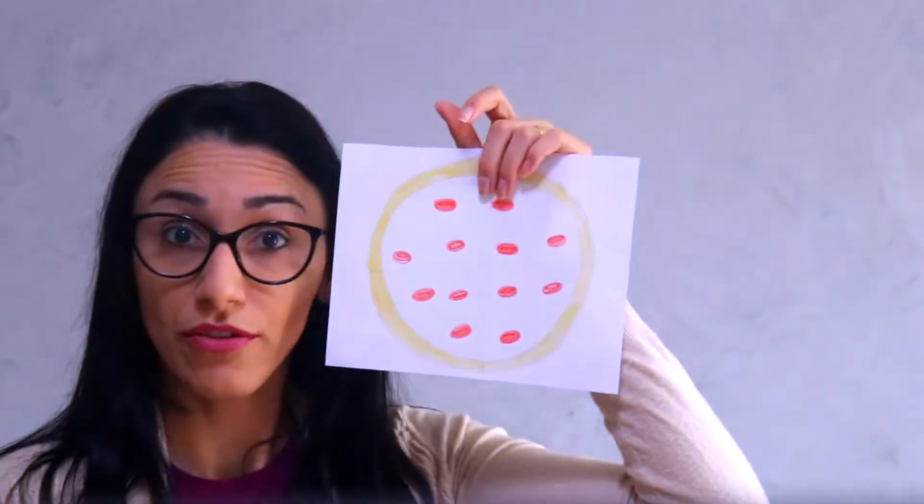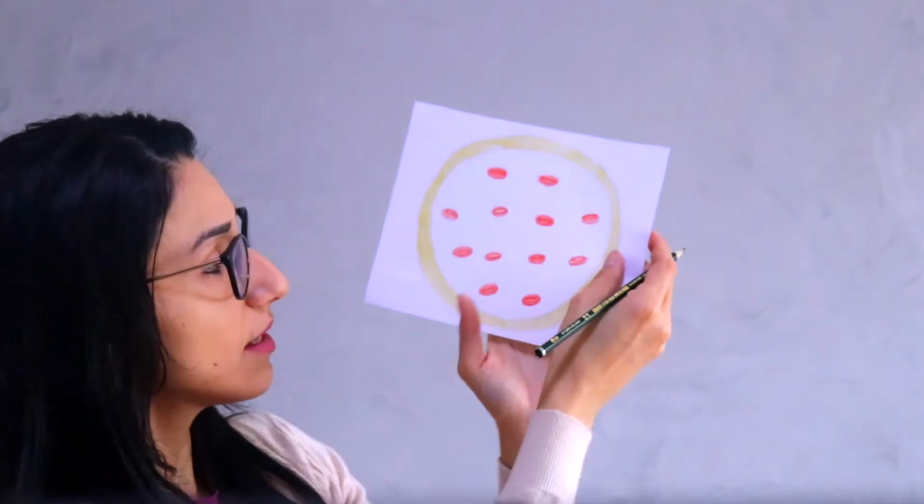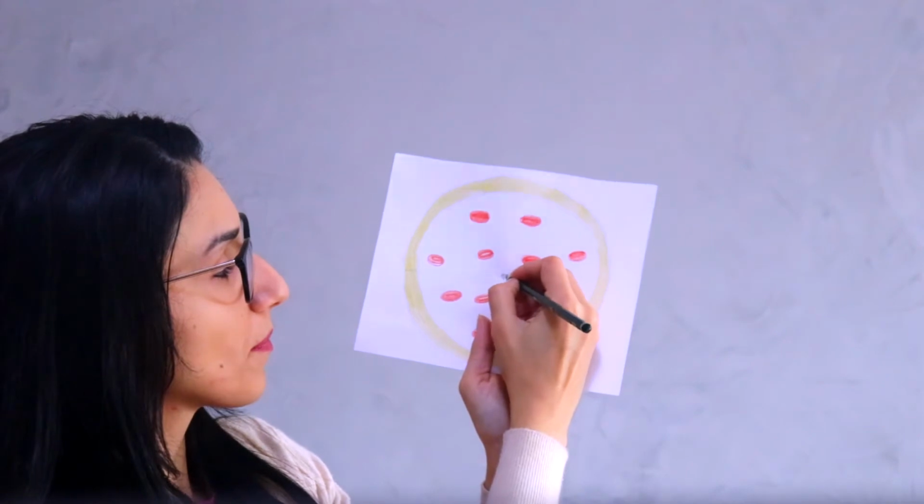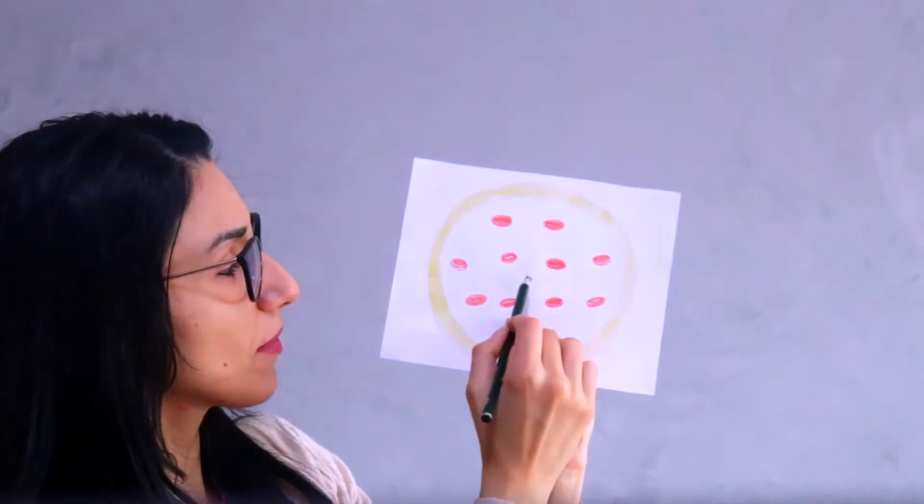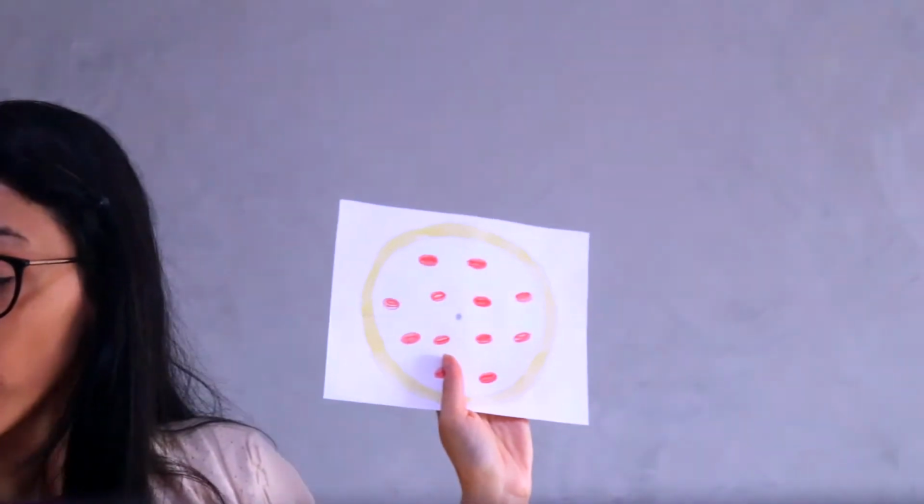If we get this pizza over here, here is the central point. Okay? So if we divide it into 4 parts, the 4 parts will look the same.